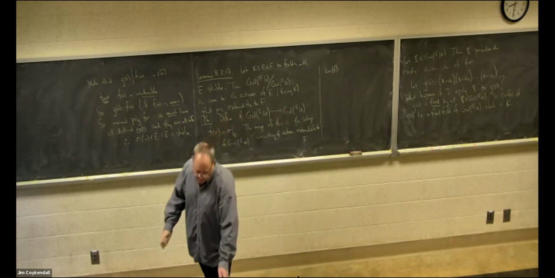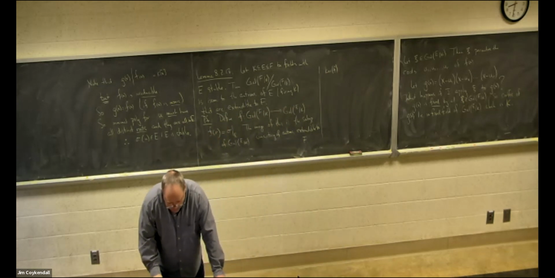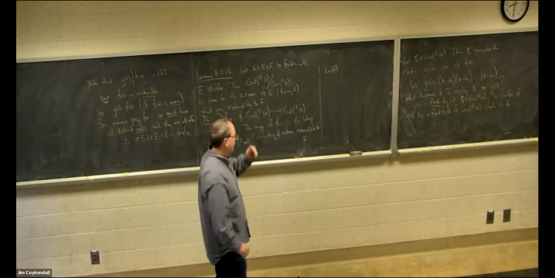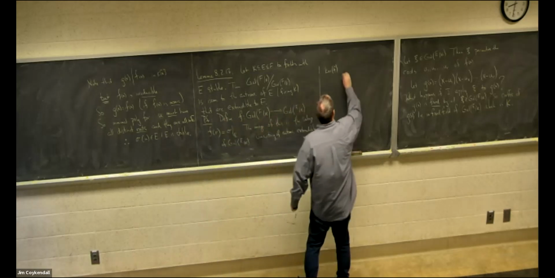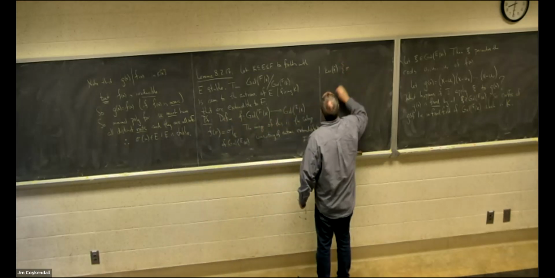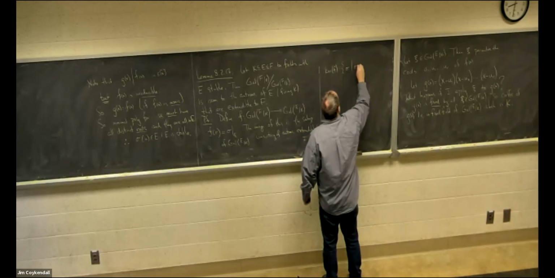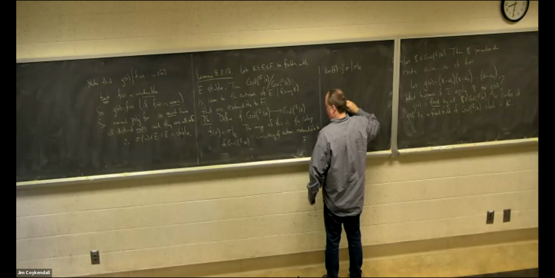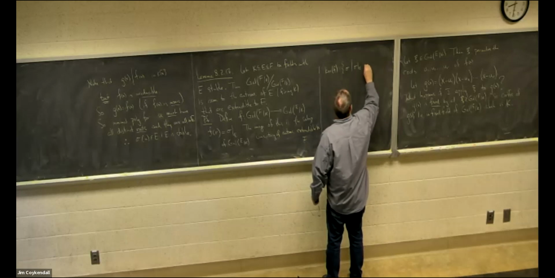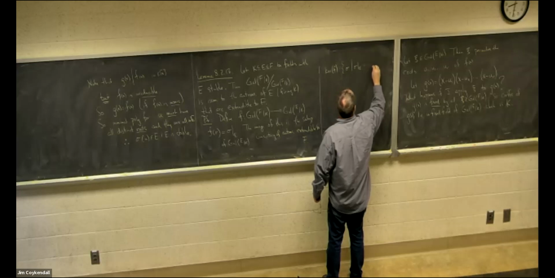Notice that if you look at the kernel of this map, this is sigma such that sigma restricted to E is equal to the identity.